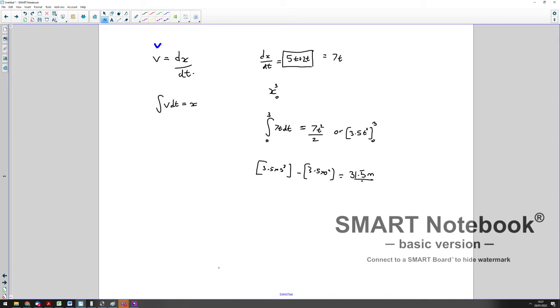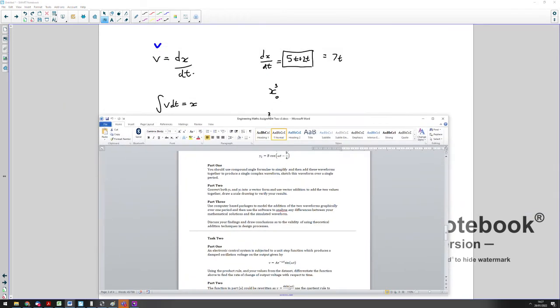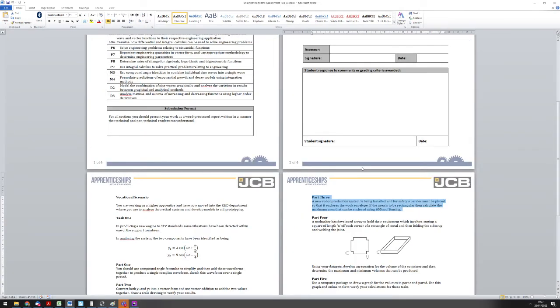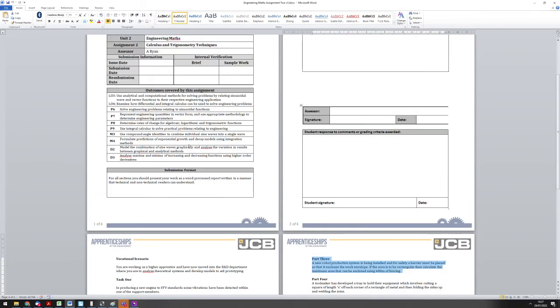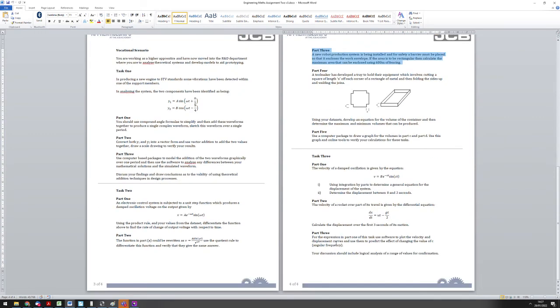So you had to plot for part 3, let's drag this across. What we're looking at is, again, if we look carefully through our criteria, we're kind of tying M4 and D3 into this final bit, which is, okay, plot the velocity and displacement curves for part 1.